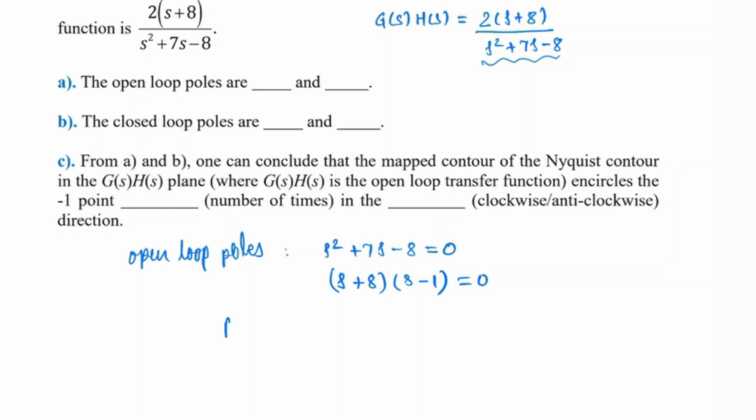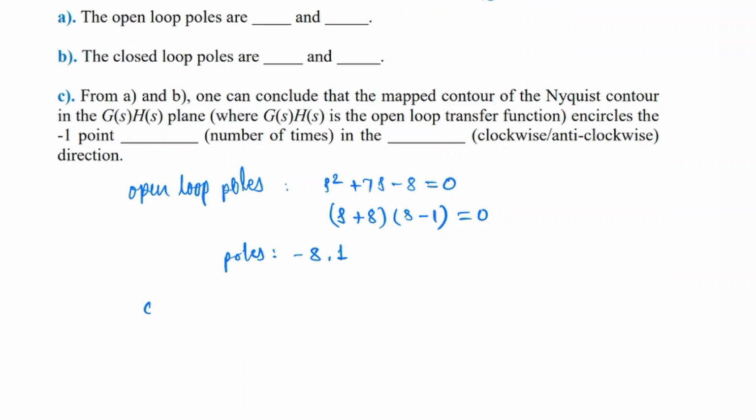So poles are minus 8 and 1. Now what is the closed loop transfer function? It is given by G(s)H(s) over 1 plus G(s)H(s).